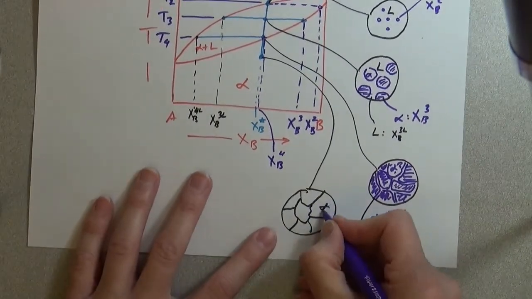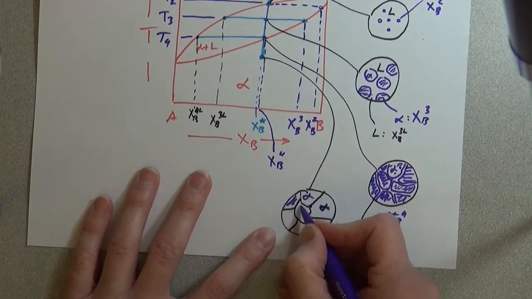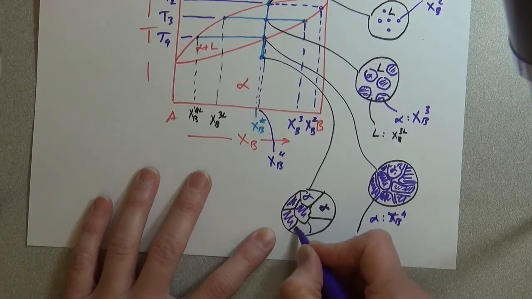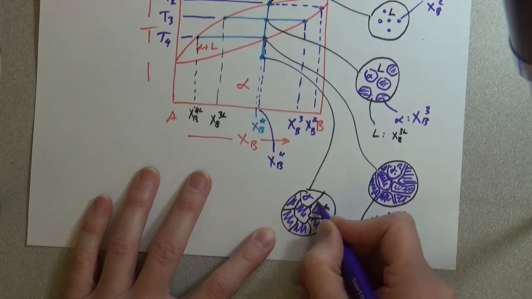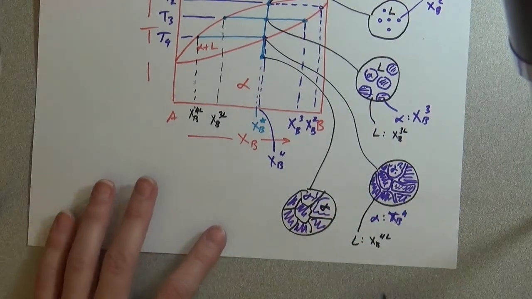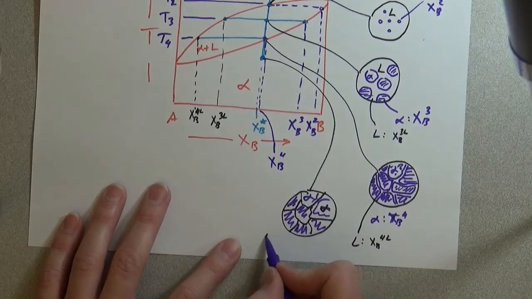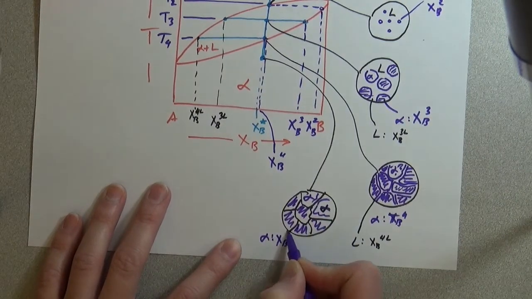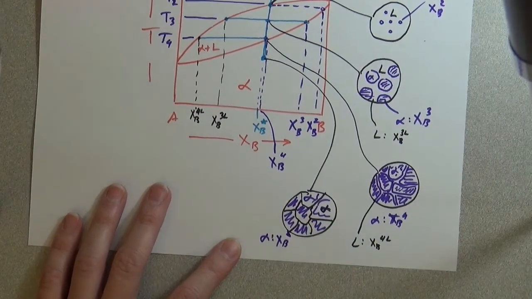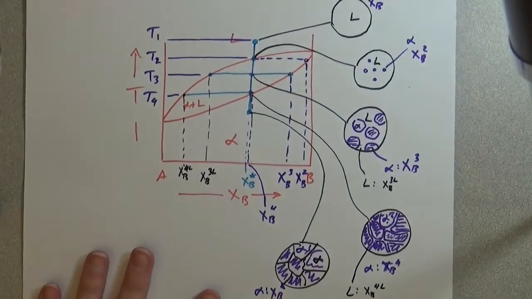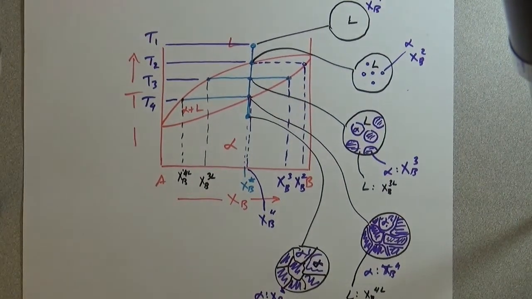I guess I'm drawing alpha in purple, huh? No liquid. And the composition is given by XB star. So alpha XB star. And this is how we think about the microstructural evolution of a material using an equilibrium phase diagram.